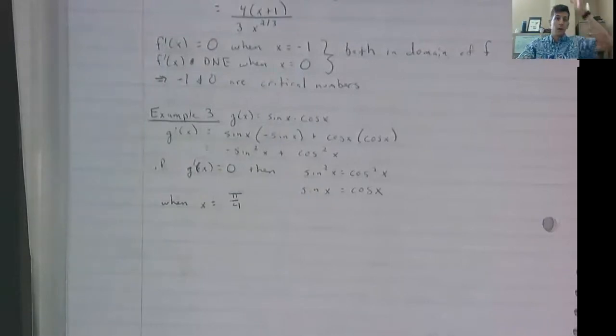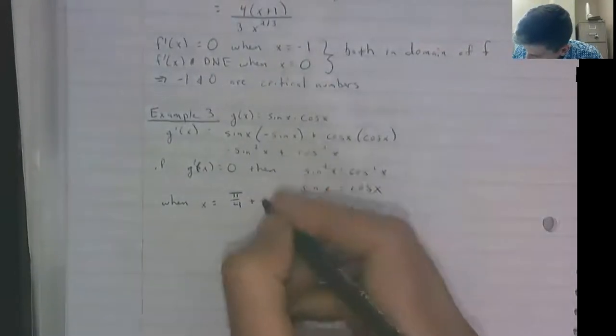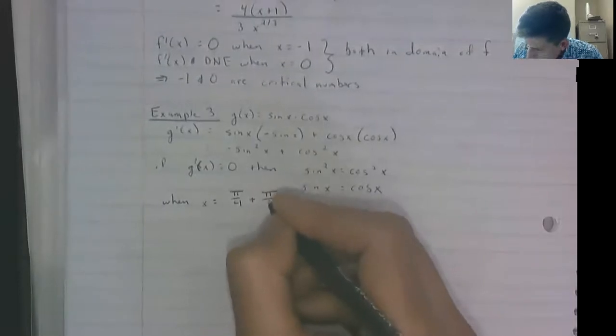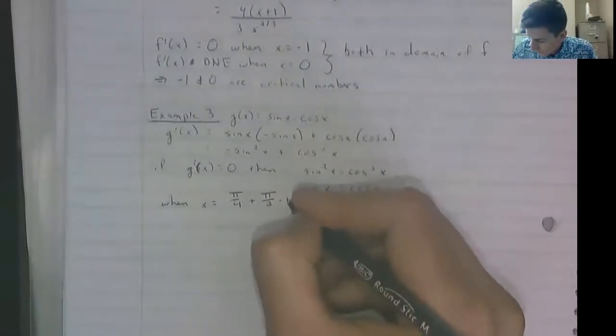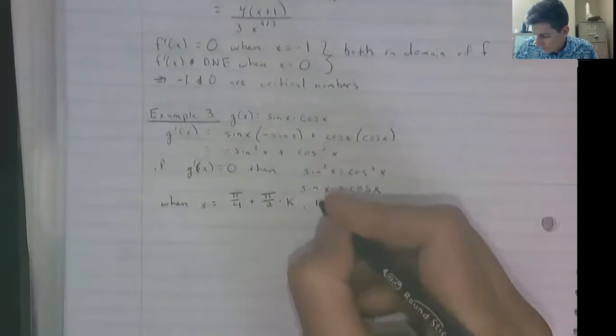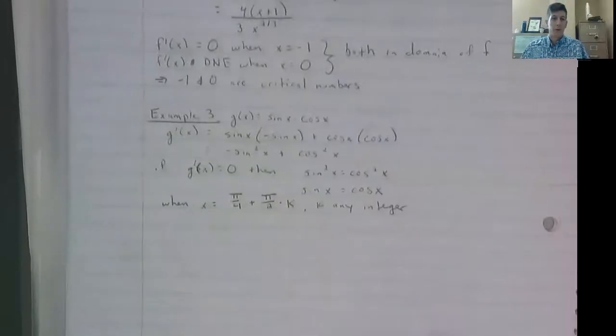From 45 to 135, from 135 to 225, to whatever, okay? We're just adding 90 degrees. So that means plus pi over 2 times just whatever number we want, times k, for k an integer. So those are all of our critical numbers. We have an infinite number of critical numbers. Okay, so that's fine. That's cool.